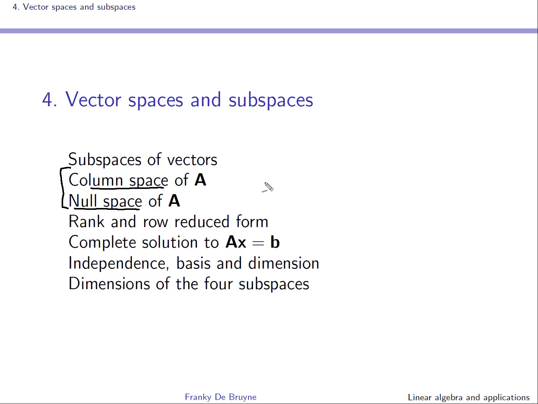We'll talk about the concept of rank, and we'll use all these concepts to come up with a complete solution for the system Ax equals b, but now when A is general.